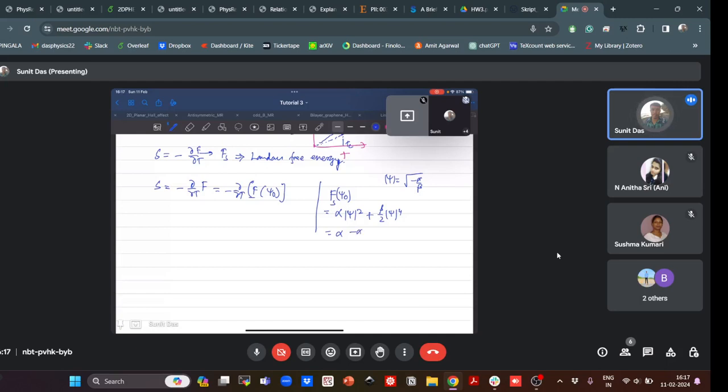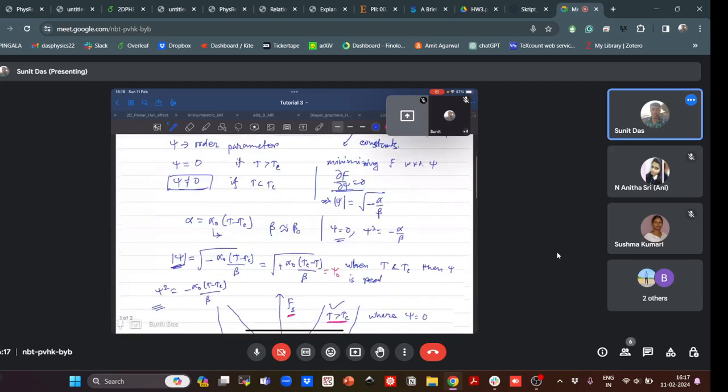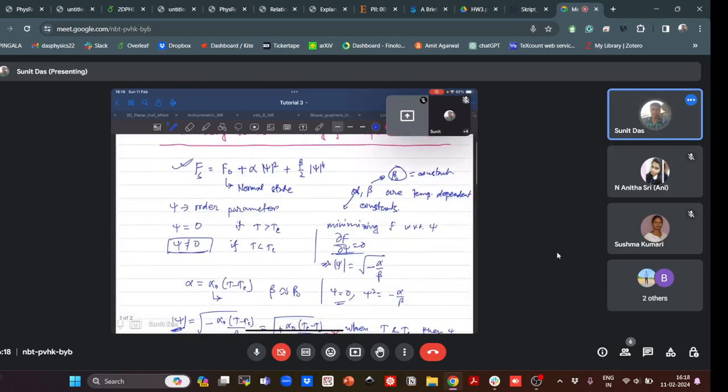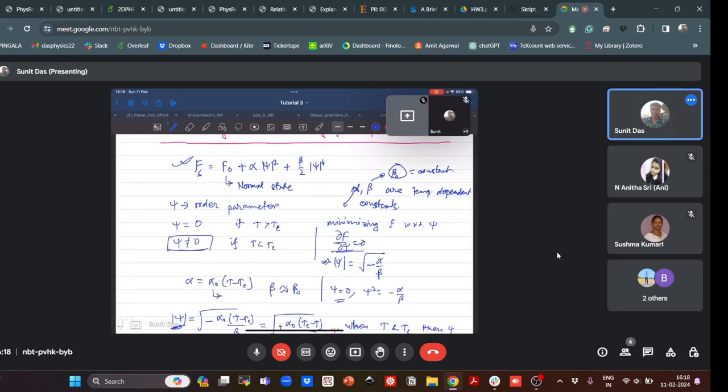So the square will be minus alpha by beta, plus beta by 2 times alpha squared by beta squared, right?